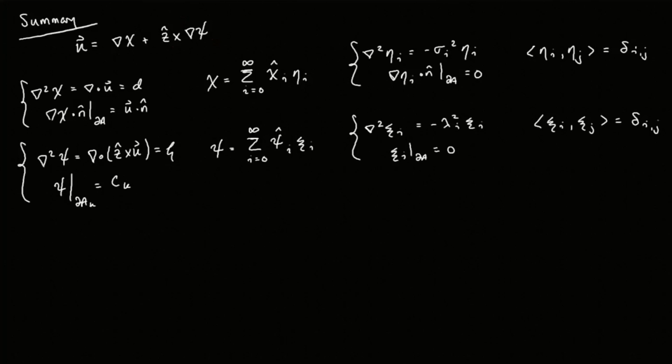And when we did that, we found that the spectral coefficients that we have are, I'm going to call this d i, minus the boundary integral of u dotted with n hat multiplied by eta I dl, sigma I to the minus 2.